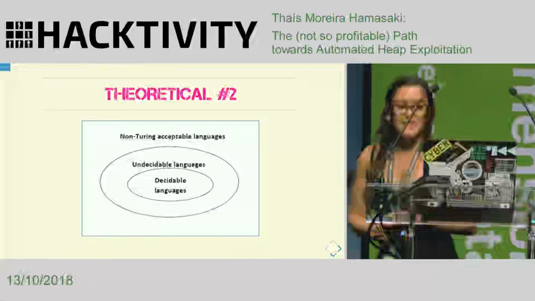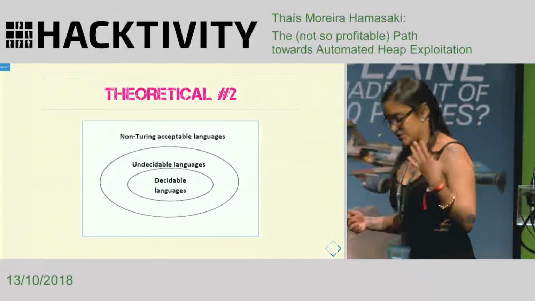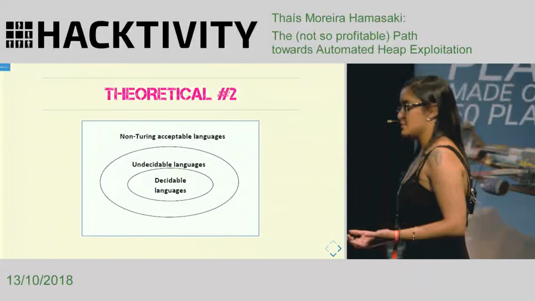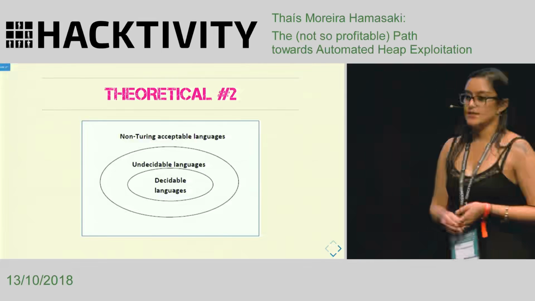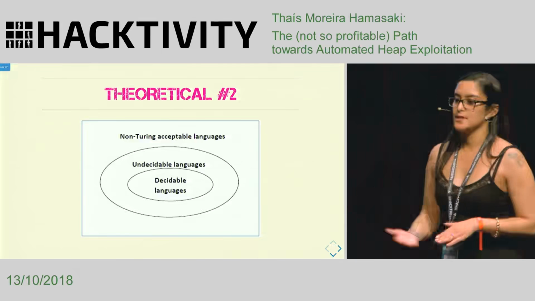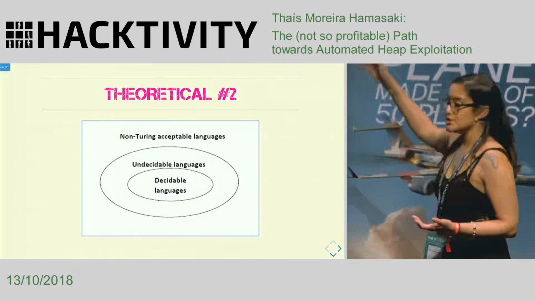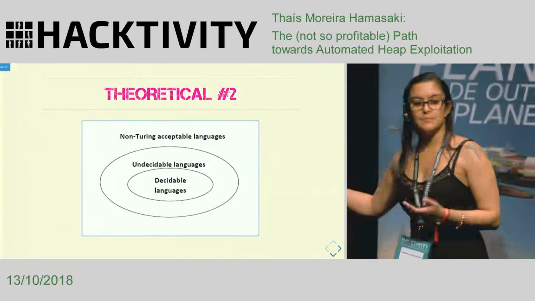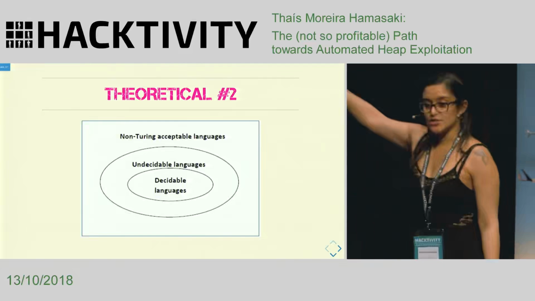The second one is the one that I told before, why I needed to define that my code is only exploitable when I am using a user input, because I needed to have my whole theorem inside this bubble of desirable languages.